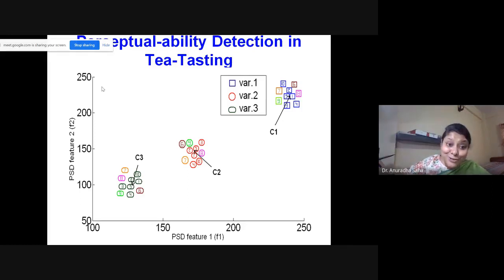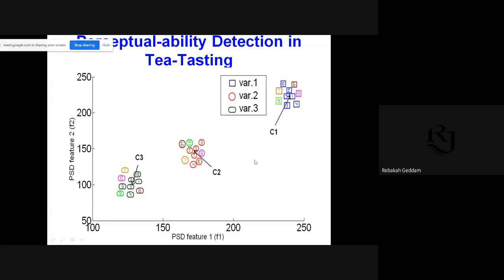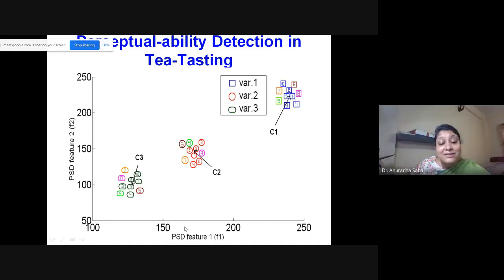Whenever we have done this kind of perceptual ability detection, and extracted the power spectral density features, if I plot only 10 data points by taking two feature vectors, then I can see these are the clusters you can make for three different variants of tea leaves.